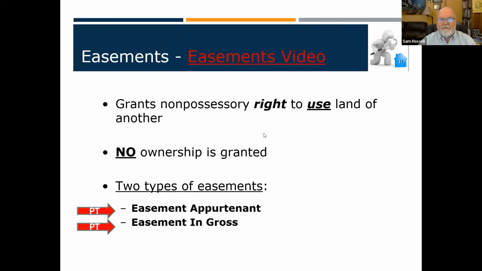We're going to give somebody the right to use our land, but we're not going to give them ownership in an easement, okay? There are two different types of easements. One is an easement appurtenant. What does the word appurtenant mean? Runs with the land. The other one is an easement in gross, which is a little different in that there's no dominant tenement.